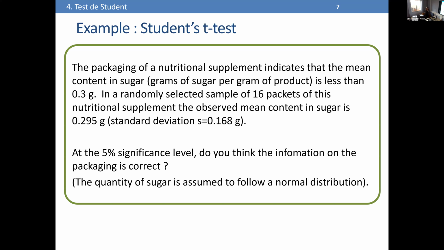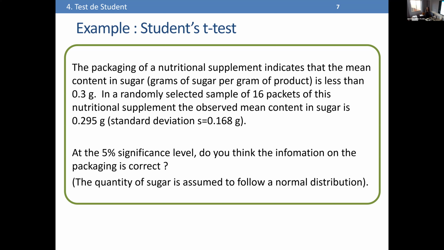Just repeating, the null hypothesis is that the mean content of sugar is less than 0.3 grams. Does everyone agree with that? Or not? What did you say? The null hypothesis is for equality, so it would say that mu is equal to 0.3.